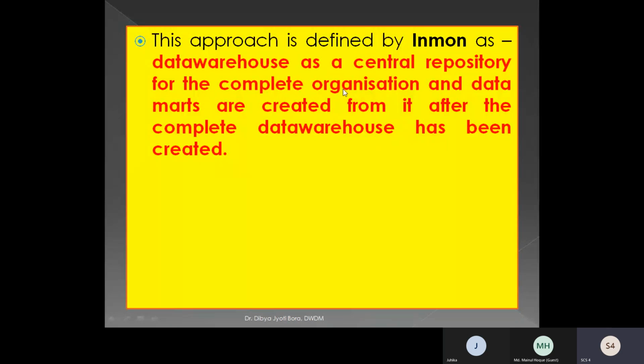This line that I have written in red is very important, because this definition is directly given by Inmon. According to him, the data warehouse is a kind of central repository for the complete organization, and data marts are created from it. That is the proper definition of this top-down approach.